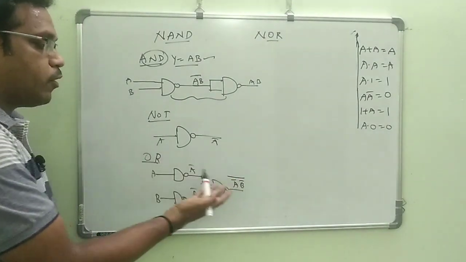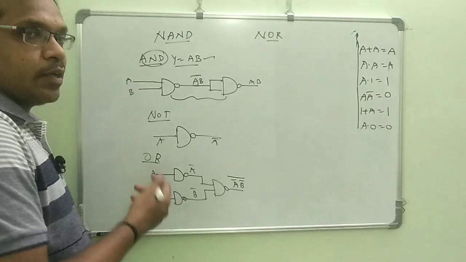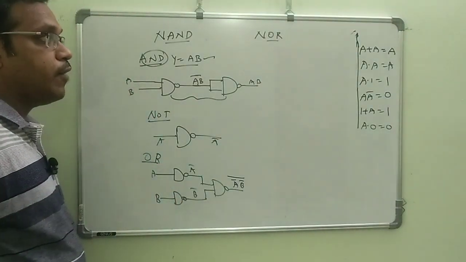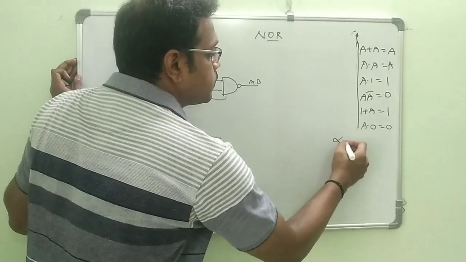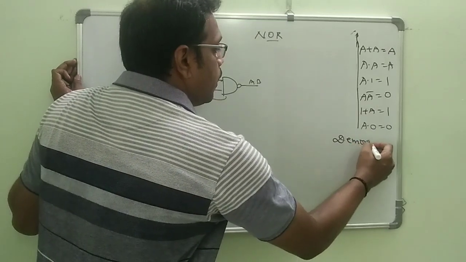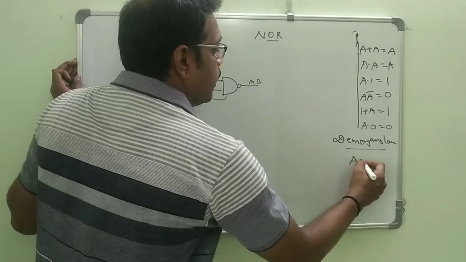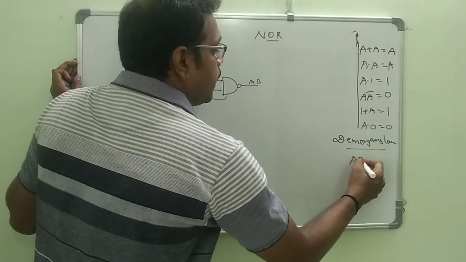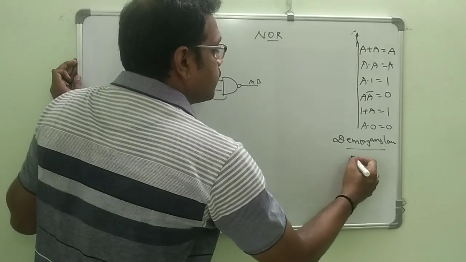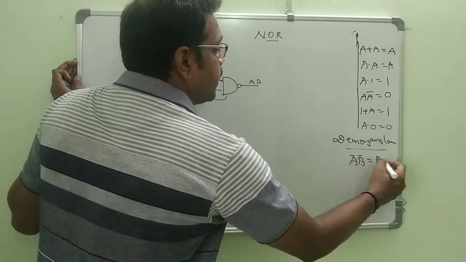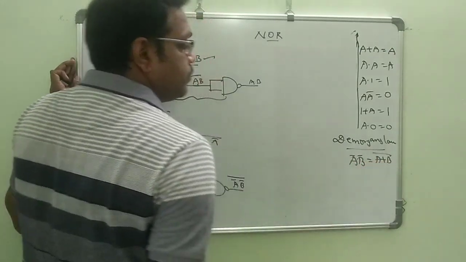You see now the OR gate has not come. So what do we have to use here? We have to use De Morgan's law. What is De Morgan's law? If you take A bar dot B bar, we can write A plus B whole bar.